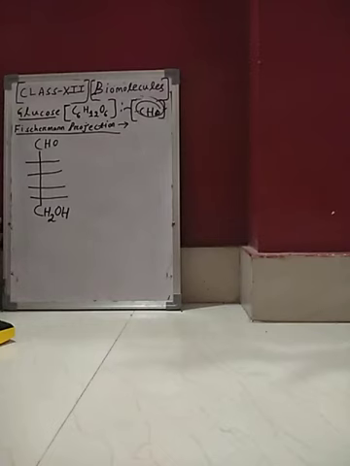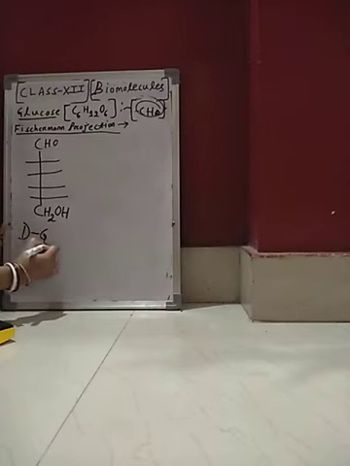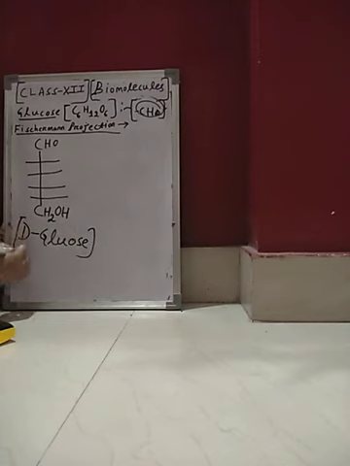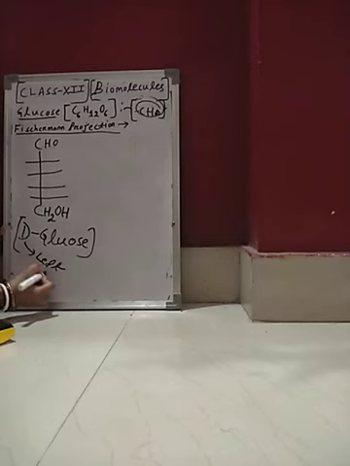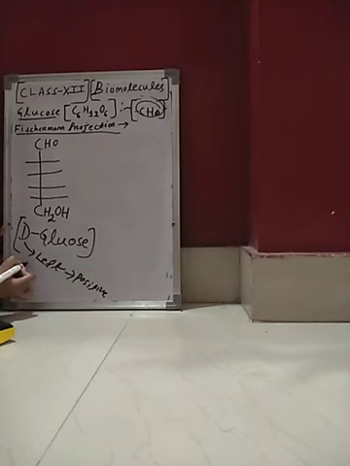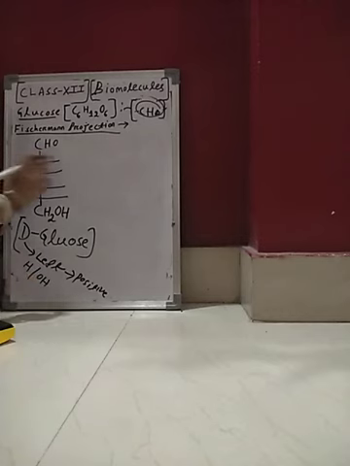First of all we draw the structure of D-glucose. In D-glucose, on the right position, you have to put the positive. Positive means hydrogen, and the OH group will be attached on both sides.